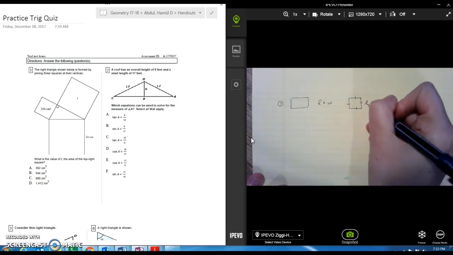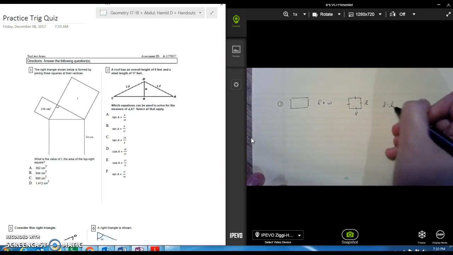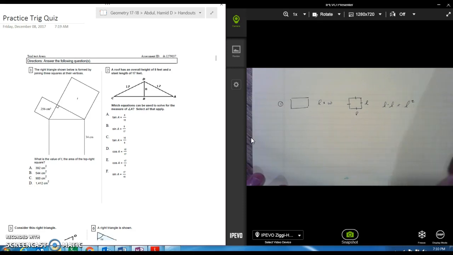So if I call this side length, this is going to be equal to it. So I could do length times length, which is equal to length squared. So I could say length squared is equal to whatever the area is. If you look at this small square right here, that area is 256. So you do the square root of both sides. You're going to find out that the length of that side is 16.